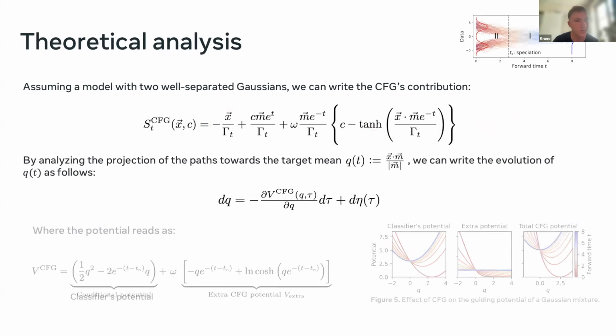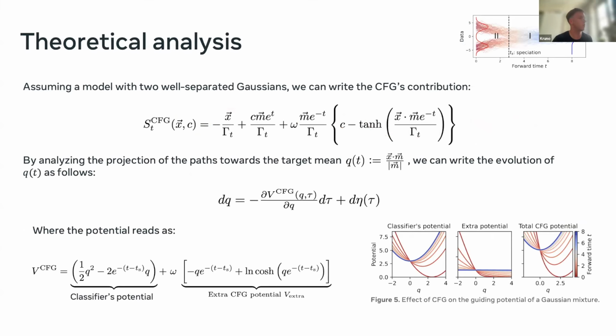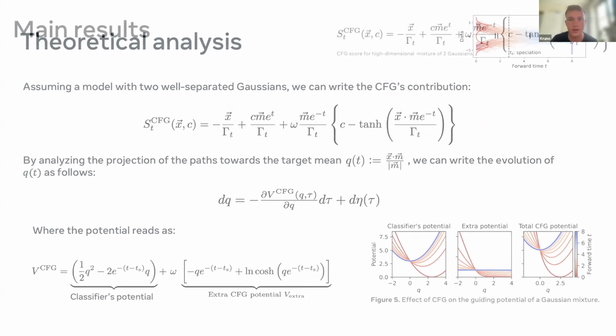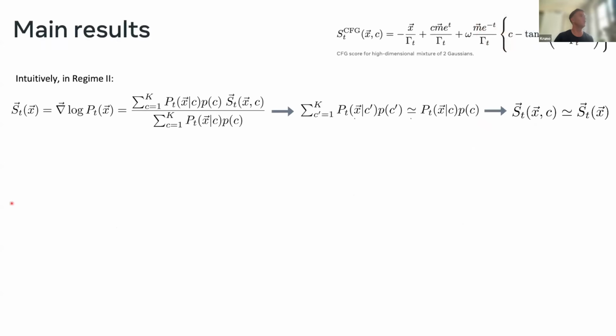For the sake of time, I'm going to skip our theoretical analysis, but you can think of it as follows. If you look at the score as a function of x and t, this is just the gradient of the log probability at time t of x. And this is a weighted average of the conditional scores. But the speciation time, as I mentioned at the beginning, is a time after which we are 100% sure that we're going to end up in one of the classes.